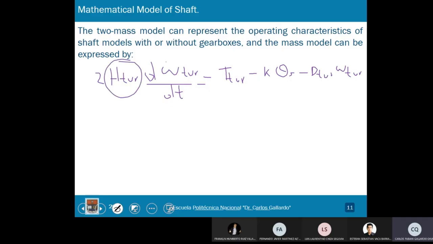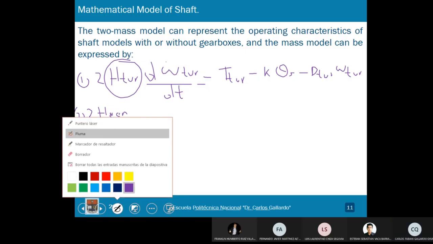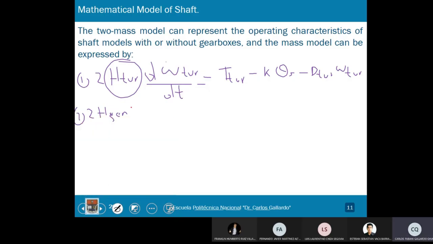The second one is the dynamics of the generator. For the 2 mass model, that is the reason I have one equation for the first mass and the second equation for the second mass. I will have the inertia times the derivative of the generator speed, the speed of the generator rotor.